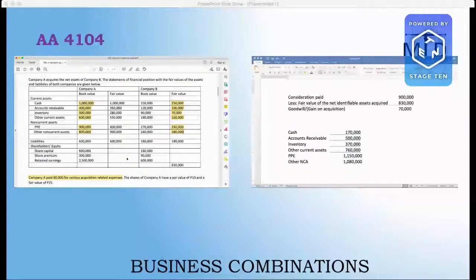Okay, but it is very rare for problems to ask you individually, class, especially if it's a major exam already, to ask you individually the combined amounts. So instead of asking you for the individual amounts, you would be asked for the combined total assets. Okay, it's common that you would be asked for the cash after the combination, because there are tricky items to consider for cash.